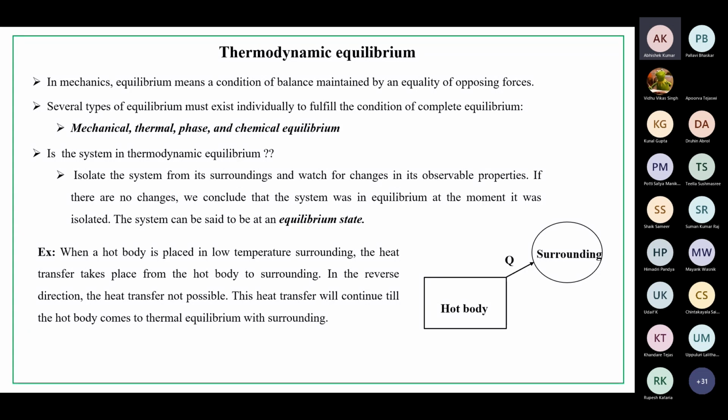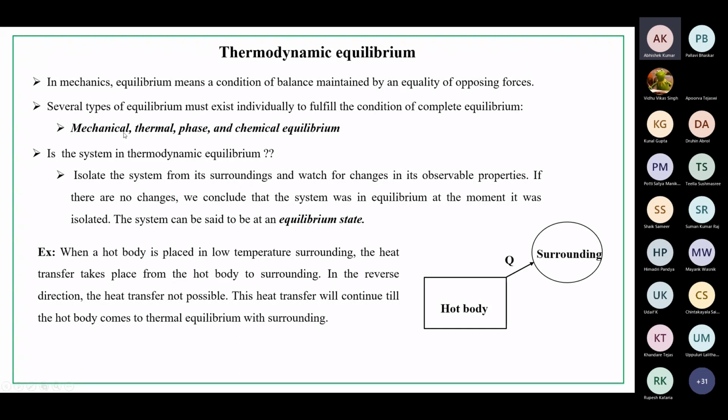Then even phase changes may be happening. Just now we have seen liquid to gas, gas to liquid in the case of a thermal power plant, phase change. And even chemical equilibrium comes into the picture, as we explained in our introductory class, when you are burning the fuel, chemical energy is turning into heat energy. So that is also happening.